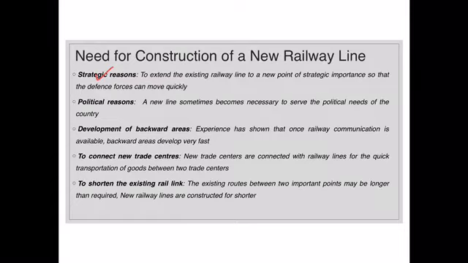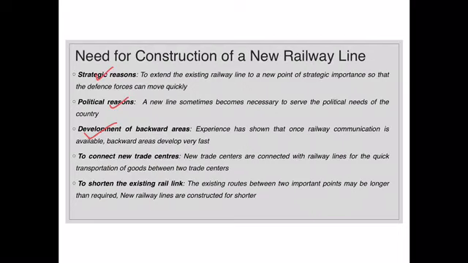The second reason is that railway tracks may be considered keeping in view certain political importance. Also, we all know that providing transportation facilities and the development of any region are closely related, and experience has shown that once a railway network is constructed in a backward area, it develops at a much faster rate.